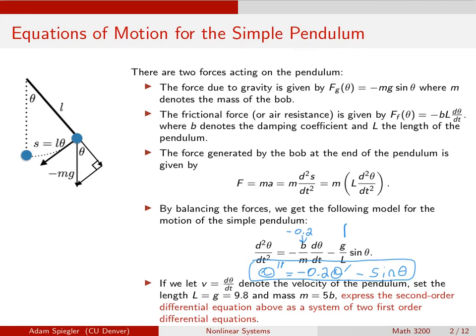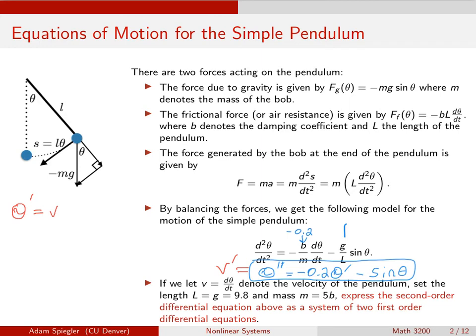And what's a really nice and useful tool is that any second order differential equation we can write as a system of two first order differential equations. And the advantage is we've already talked about a lot of techniques that we can apply to systems of first order differential equations. So if I define the first derivative of theta to be v, then notice the second derivative of theta would therefore be the first derivative of v, since the second derivative of theta is like the acceleration, and we can just write that as the derivative of the velocity.